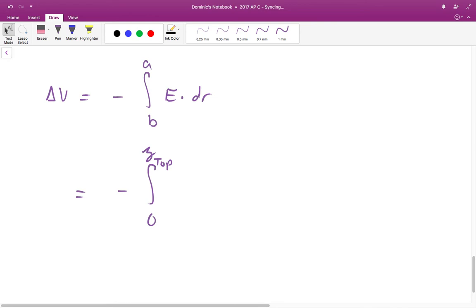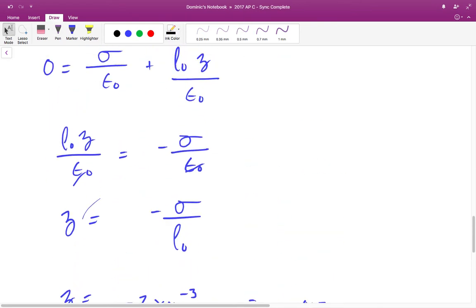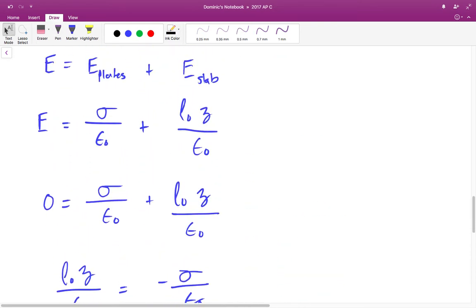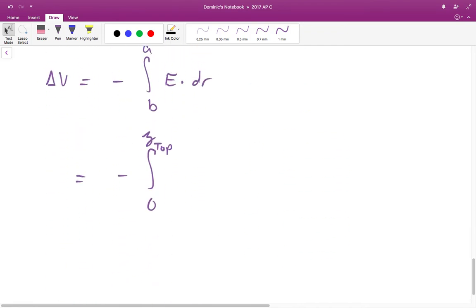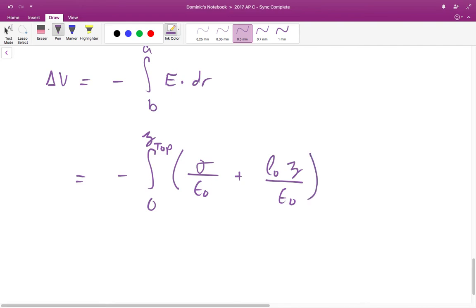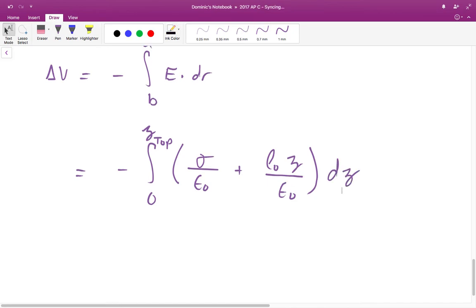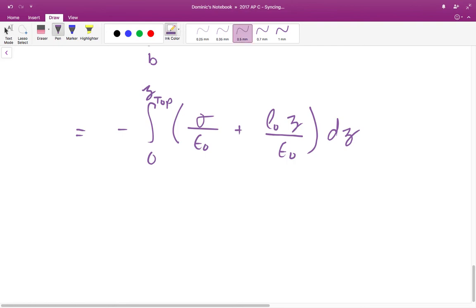The electric field, we found a second ago, is sigma over epsilon naught plus rho naught Z over epsilon naught. Since we're integrating with respect to z, which is our only variable, dr becomes dz. Now we do the integral.